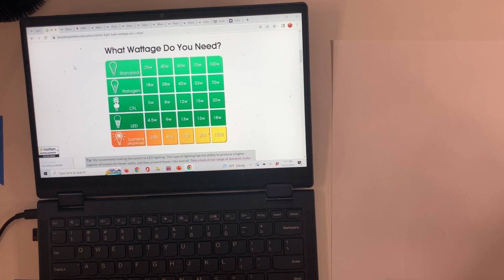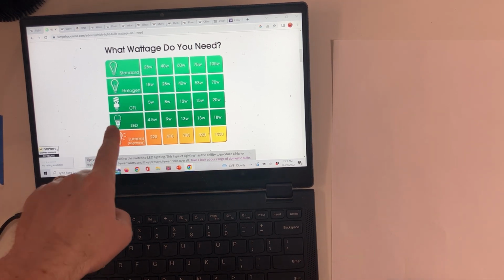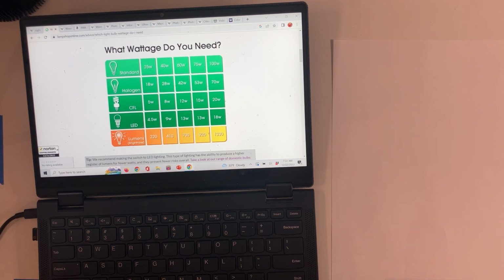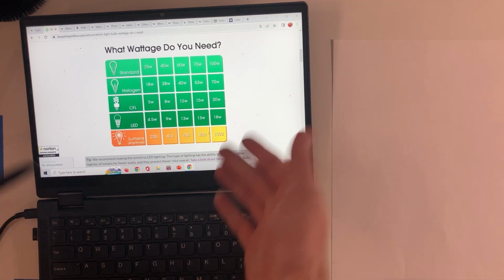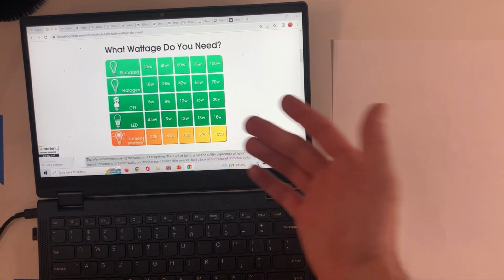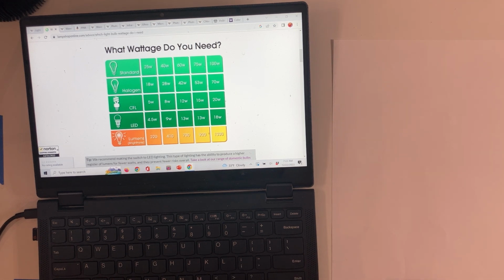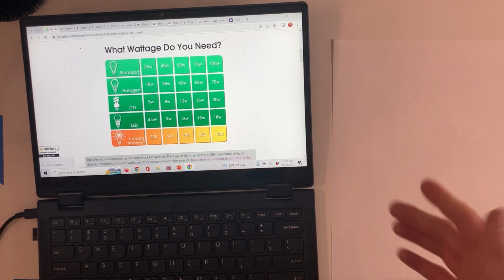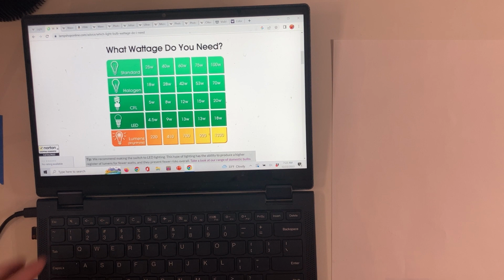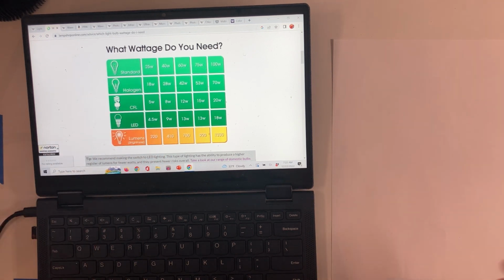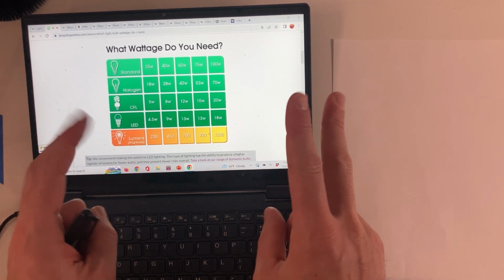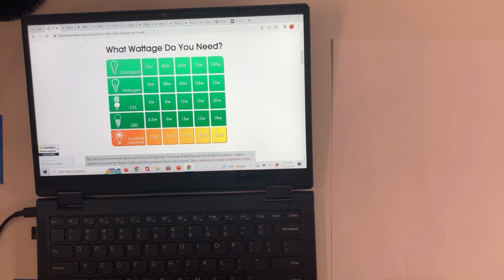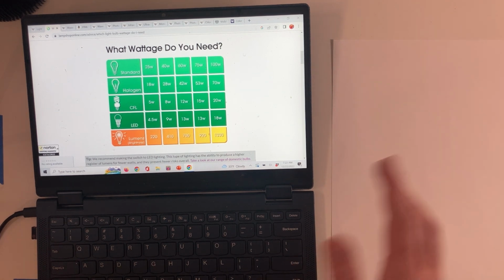Many of us are familiar with an incandescent or LED or some of these other CFL bulbs that have been around for a while, and this is what we use to light our home. Thankfully, we can have all kinds of different options here. What I want to point out is that most standard household bulbs give you what is called, quote, white light, and that is a combination of all wavelengths of visible light.